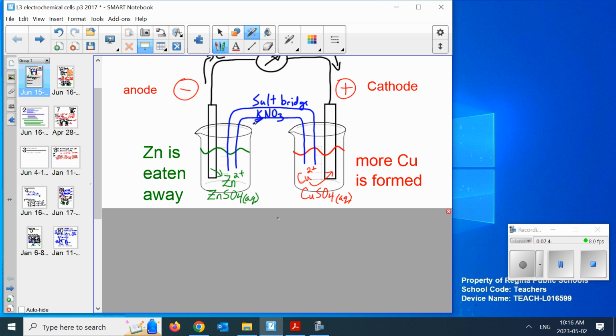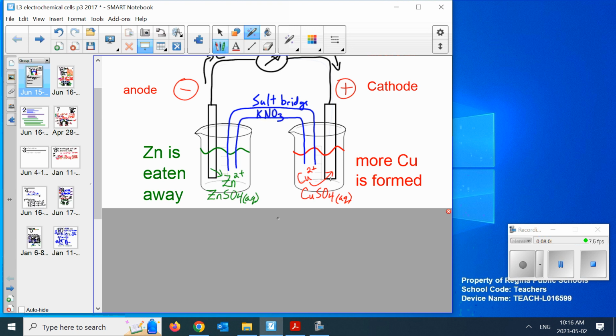K's are pluses, NO3s are negatives. Somehow this circuit has to be complete because electrons transfer, so charge is being transferred to this one. And with the copper ions going onto here, you're screwing up the whole level of charge in that beaker.